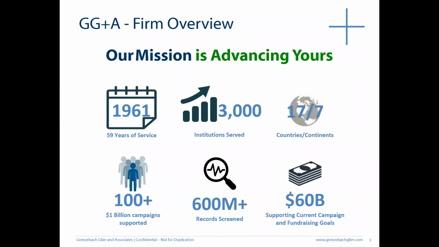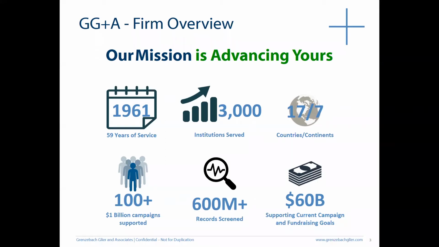For those of you who aren't familiar with Grenzebach Glier, our motto is, our mission is advancing yours. There are a few things that I wanted to share with you, right? We've been in business for about 60 years. We have been involved and served more than 3,000 institutions.